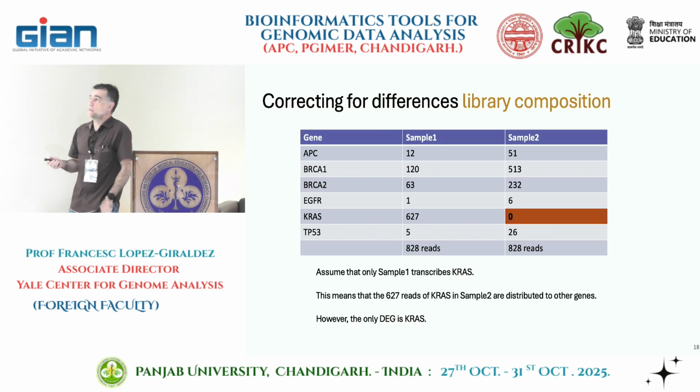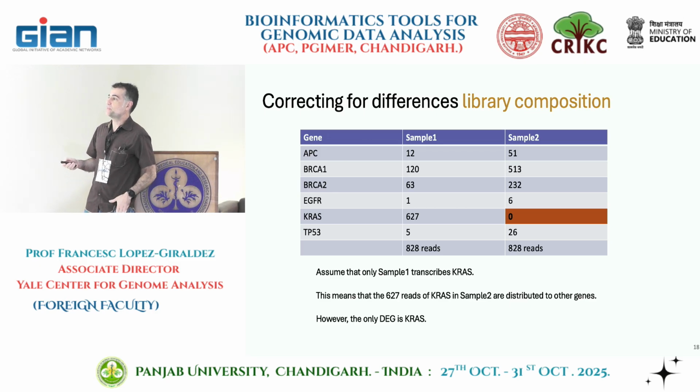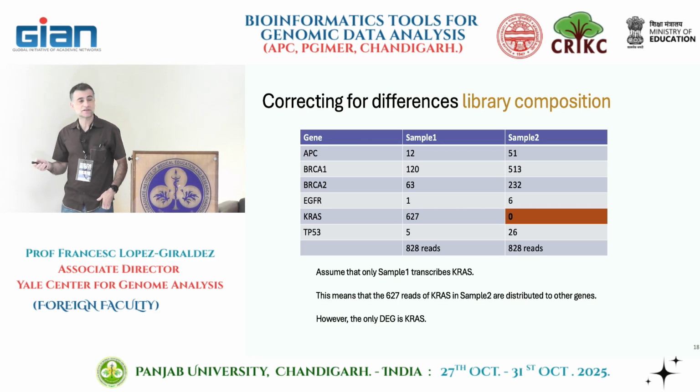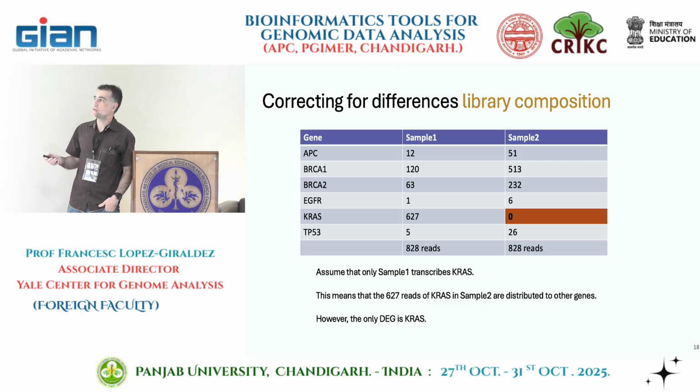In this case, I put a really simple example here, with a few genes. I know it's hard to imagine a situation like this, but let's imagine you have this sample. Both of them are sequenced with exactly the same number of reads. But all of a sudden, you knock out one of the genes, or for whatever reason in this sample, the gene is not expressed.